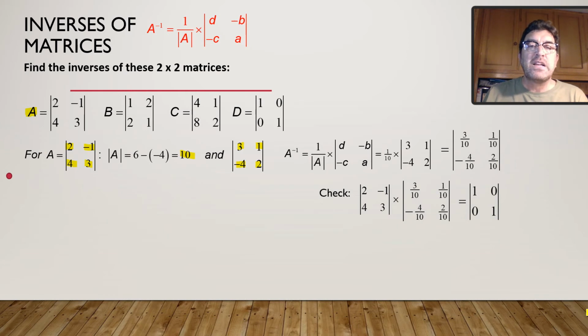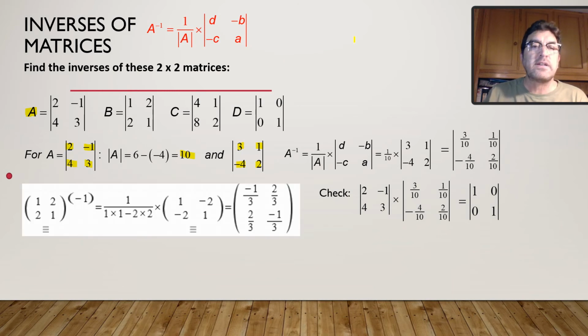Okay, let's have a look at the second matrix. We found the inverse by doing what? By interchanging 1 and 1. Well, if you interchange 1 and 1, it stays 1 and 1. And then changing the signs of 2 and 2 to find the adjoint matrix. So those signs just changed to negatives, both of them.